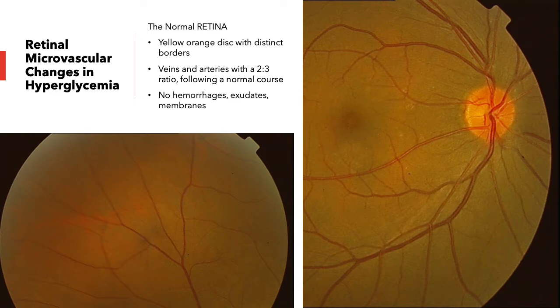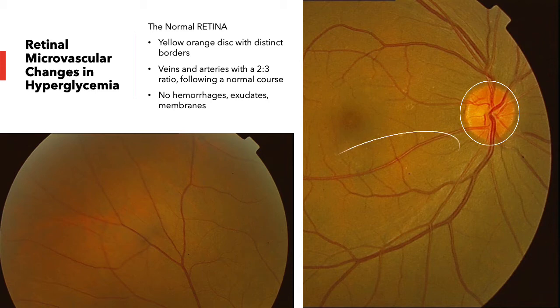During the first few months to 2 years of diabetes, the hyperglycemia will not immediately result in any visible changes in the retinal architecture. What you will see is the regular red-orange background of the retina shown here. This is devoid of any hemorrhages, which are red spots, or other discoloration. A yellowish orange disc with normal looking vessels passes through this normal retina.